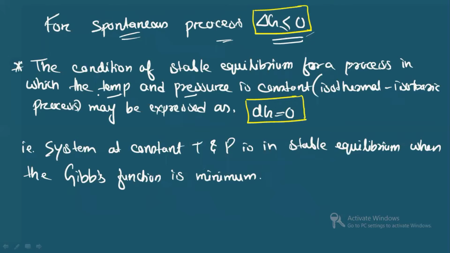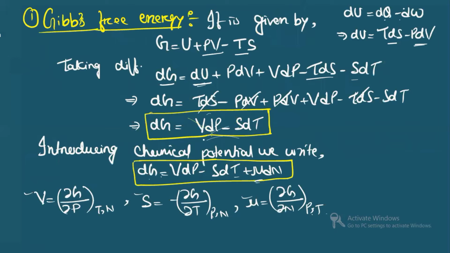That means for an isothermal isobaric process, dG equals 0. If you see this equation, G is a function of the pressure and temperature. So when the pressure and temperature are constant, that means for an isothermal and isobaric process, dG equals 0. The equilibrium condition is dG equals 0.